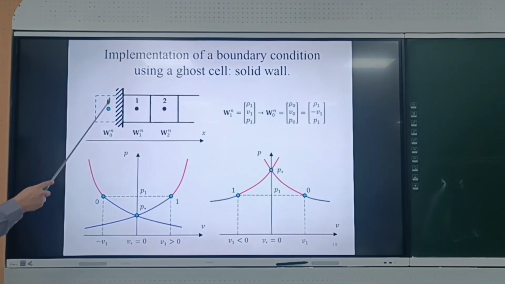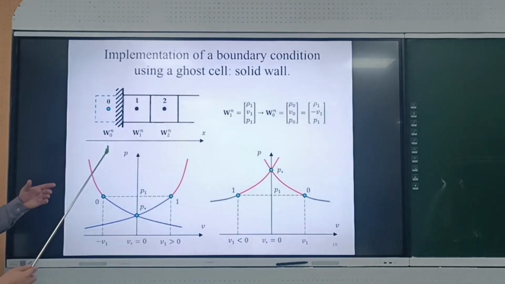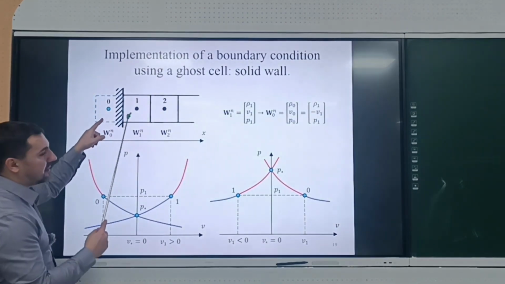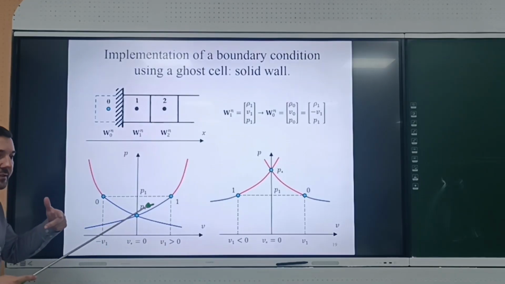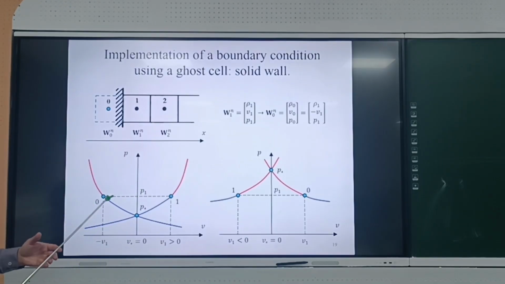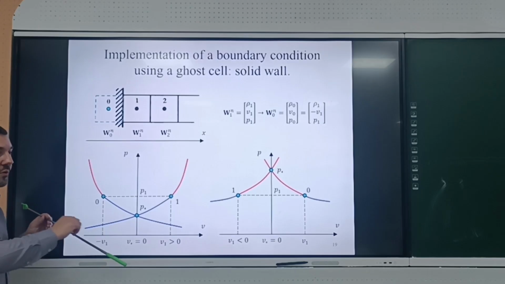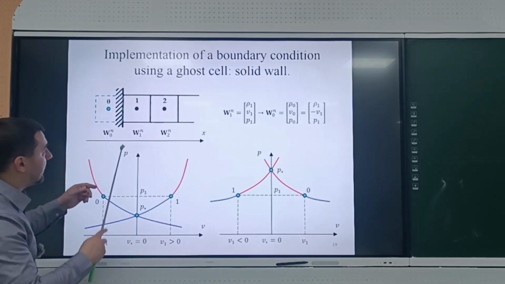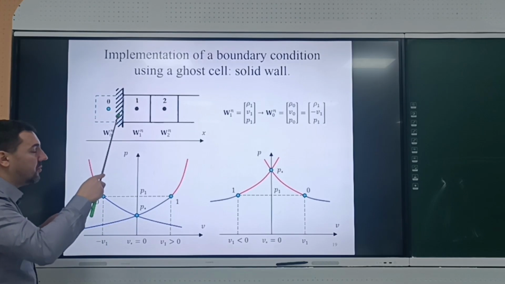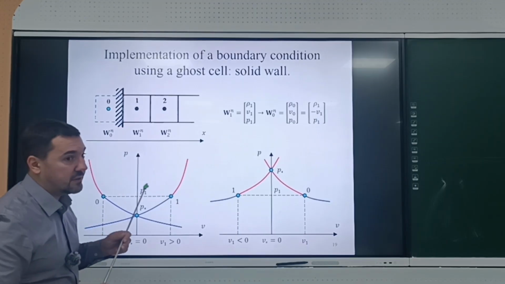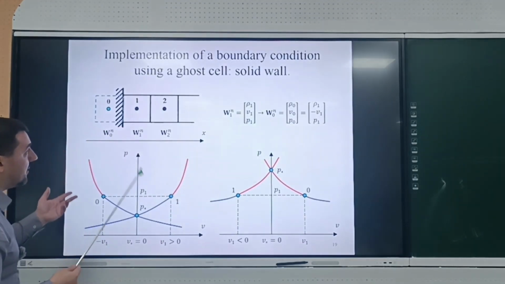in such a manner that the solution of the Riemann problem for these two cells would provide the solid wall. What does it mean, solid wall? It means that there is no flow through this wall. It means that the velocity at this point should equal 0. How can we reach that?